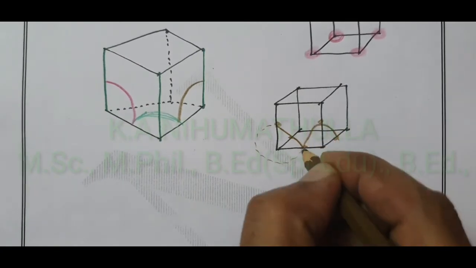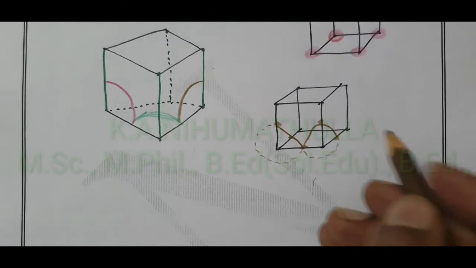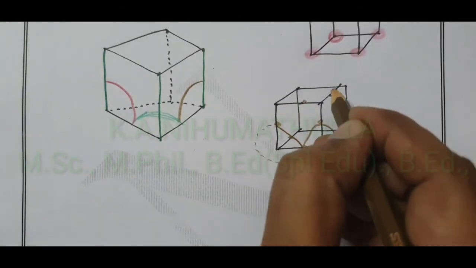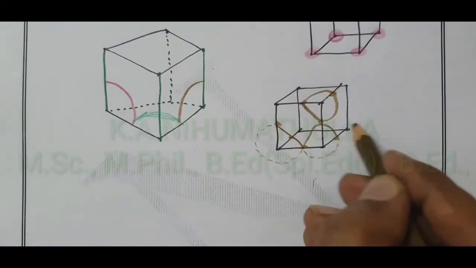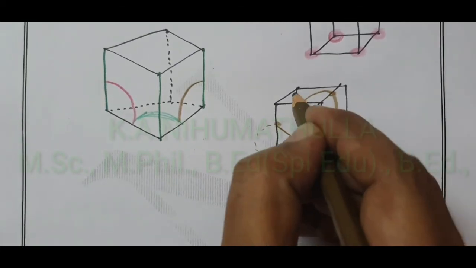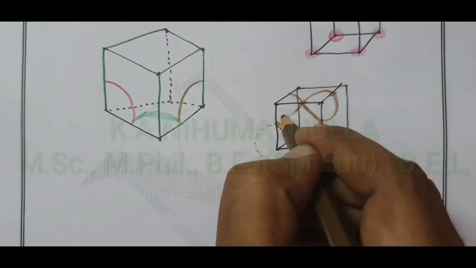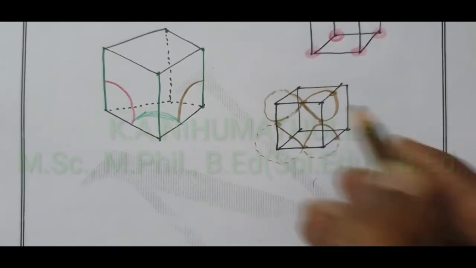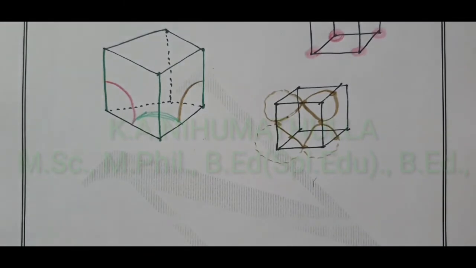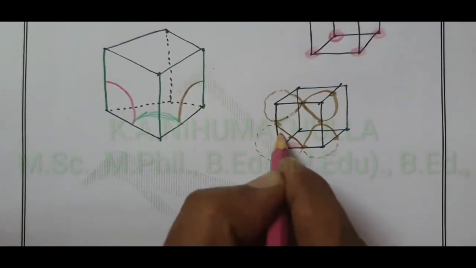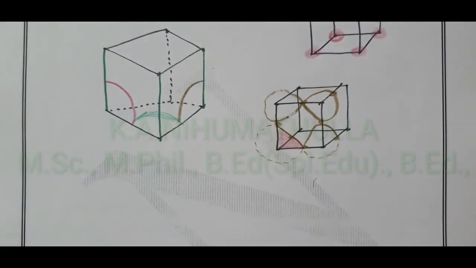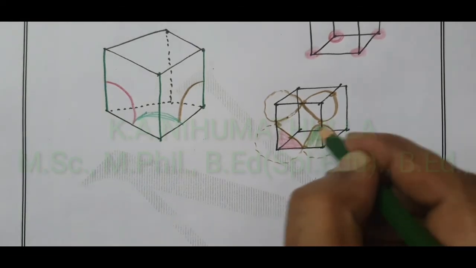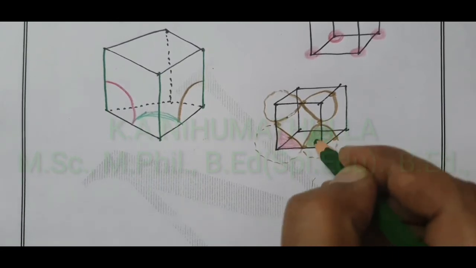Join these two and you will get a sphere. Like that, join all these edges and you will get another sphere. So this is how the atoms in the corner always touch the neighboring atom.